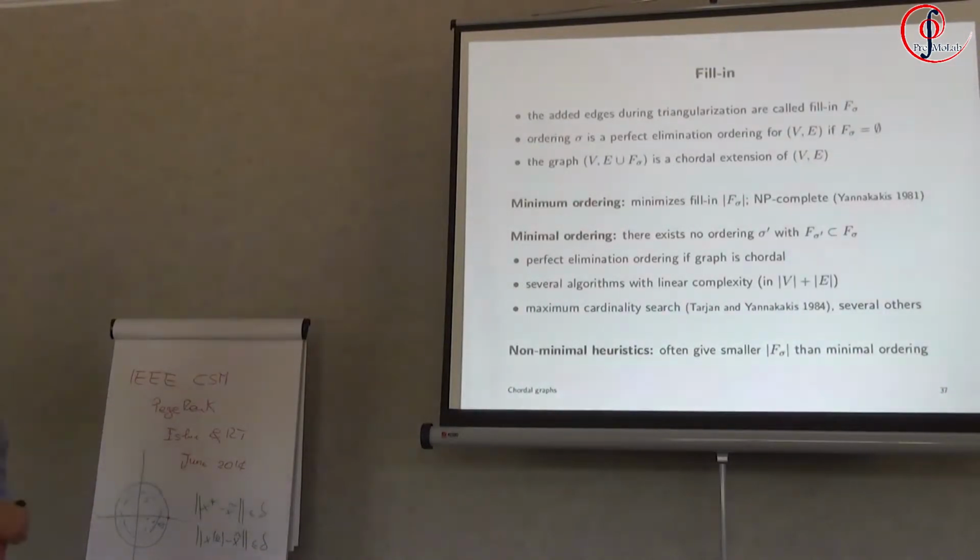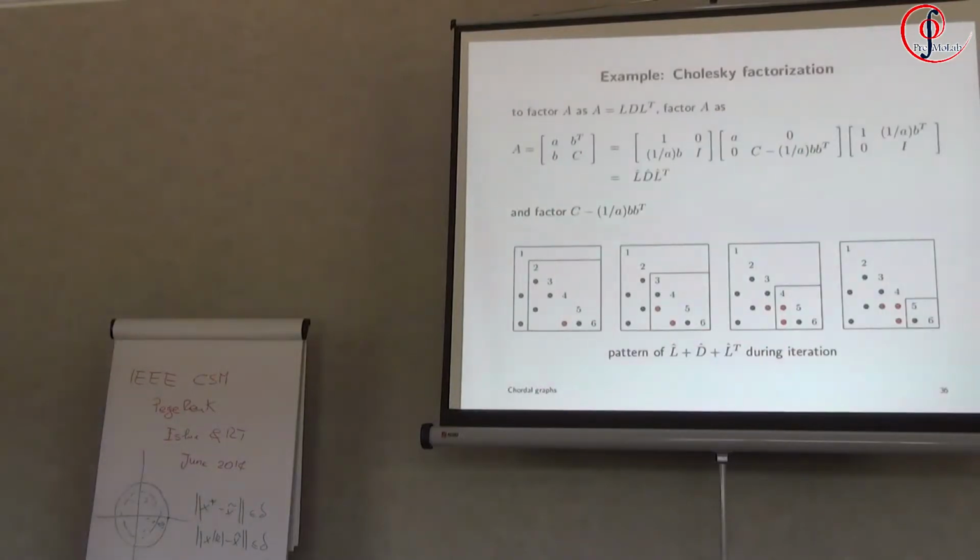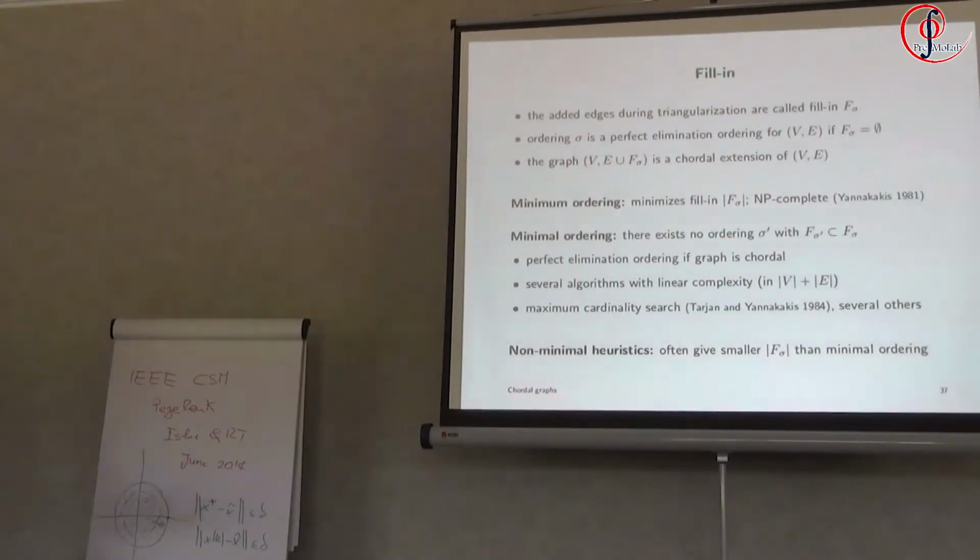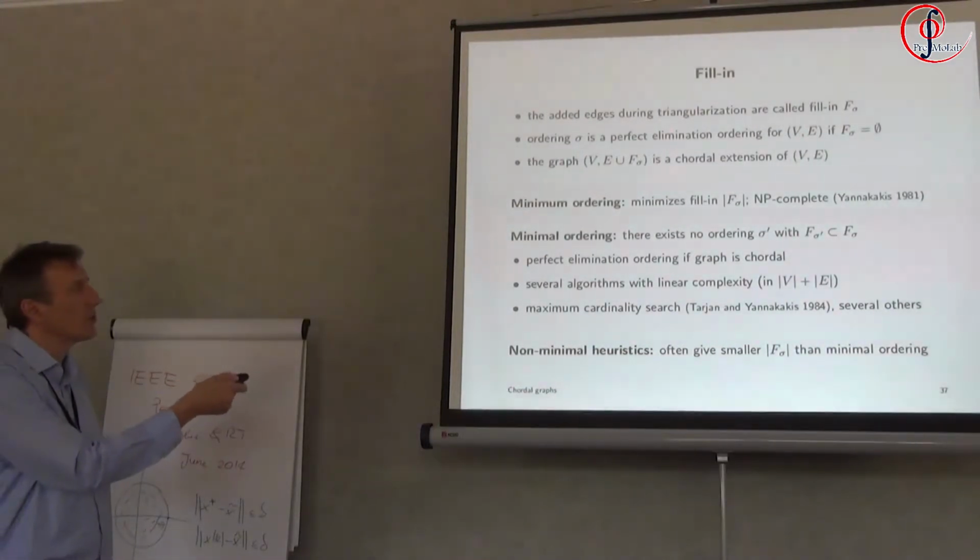If the fill-in is empty, then the ordering you chose was a perfect elimination ordering, and you've shown that you started with a chordal graph. Sometimes we also call this extended graph, the original edges plus the filled edges, a chordal embedding or a chordal extension.